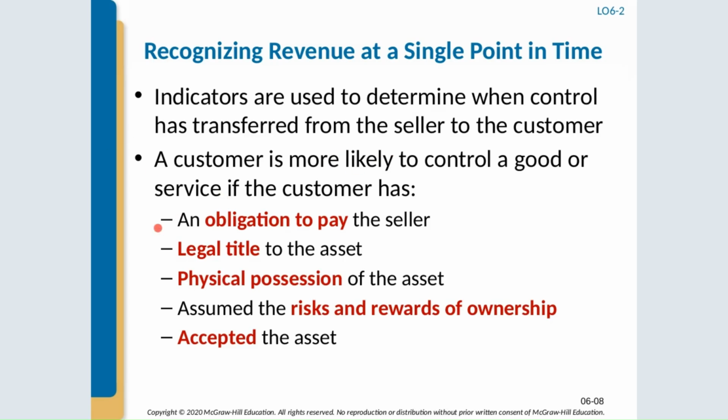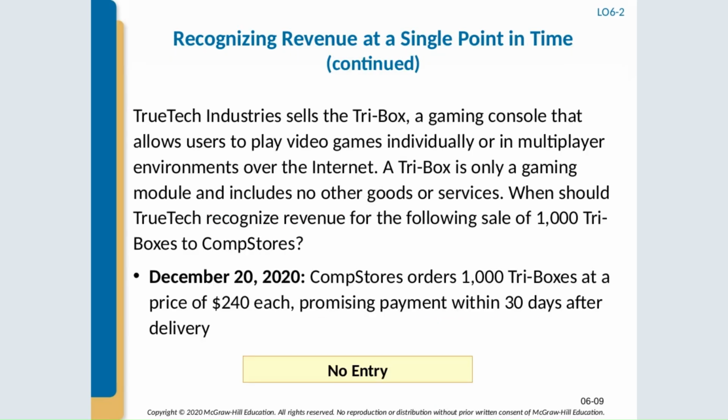Okay, it has an obligation to pay the seller, legal title has transferred to the customer. The customer has physical possession of the items. It could be inventory, for example, and that way they assume the risk of ownership and they have, of course, accepted the asset.